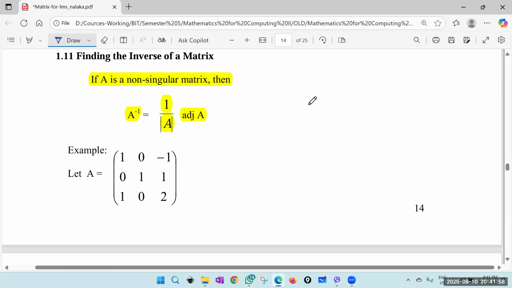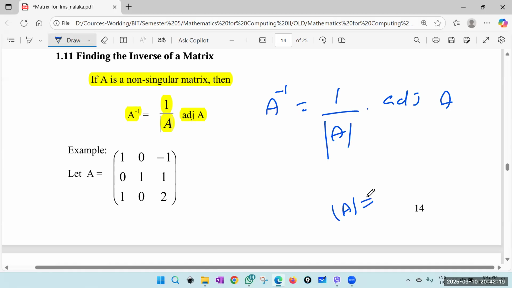So if A is a square matrix, and if that matrix is non-singular, its inverse is 1 over determinant of A into the adjoint matrix of A. I will explain what the adjoint matrix of A is. Assume the determinant is not equal to 0, because if it is 0, this is a singular matrix, no inverse. Okay. Right. You already know how to calculate the determinant. So therefore, now you just need to know how to find the adjoint matrix of a given square matrix.